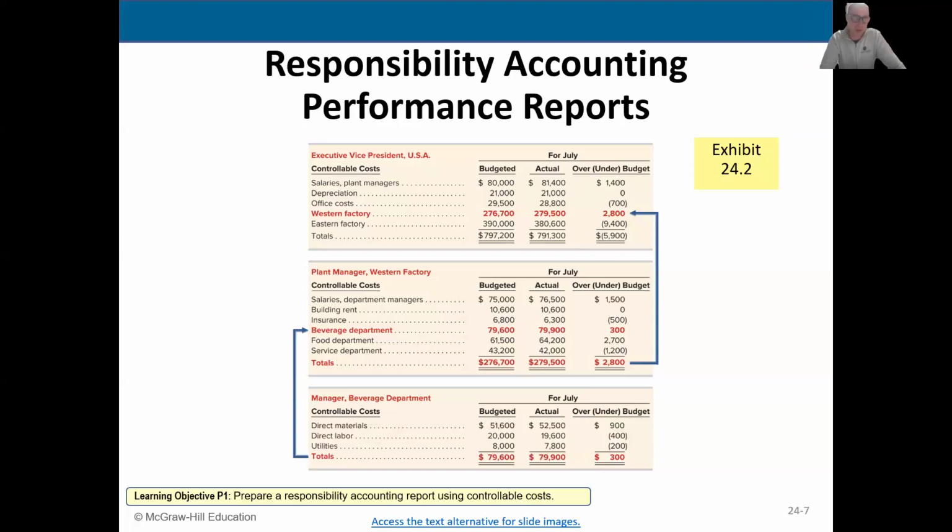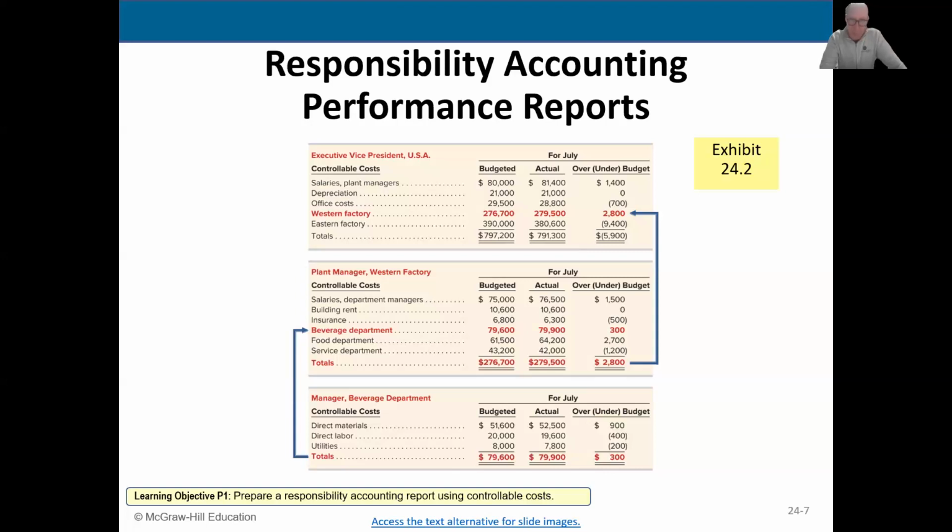The executive vice president has controllable costs of plant manager salaries, depreciation, office expenses, the Western and Eastern regions. We add up all of the variance for the executive vice president's budget, and we see that this particular executive vice president is under budget by $5,900.